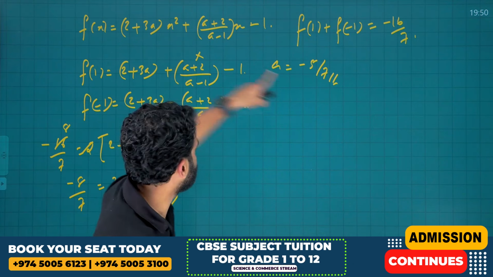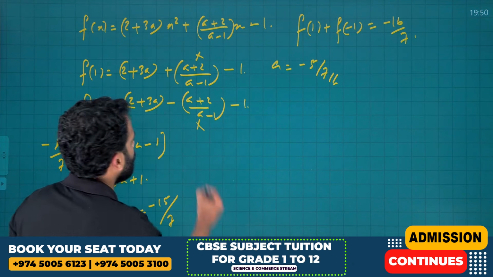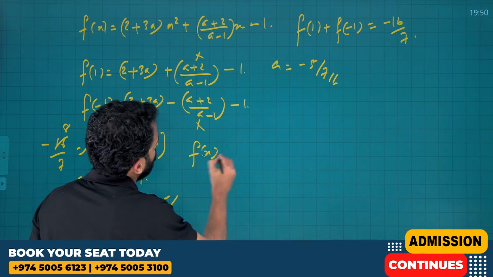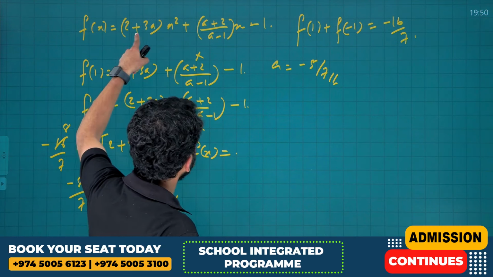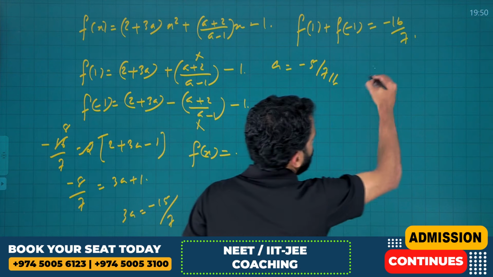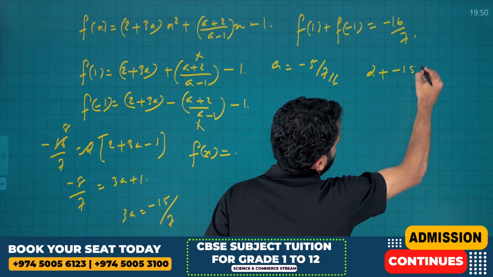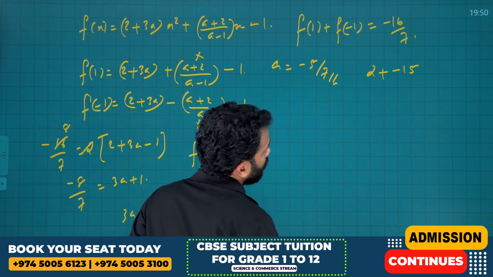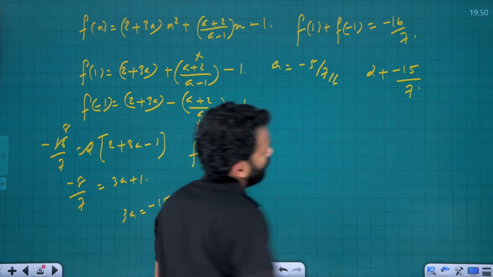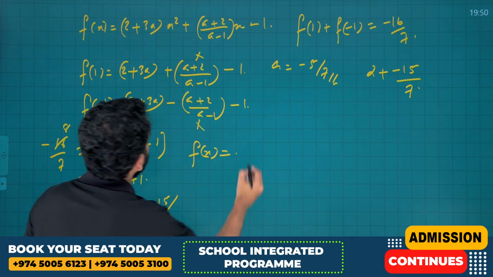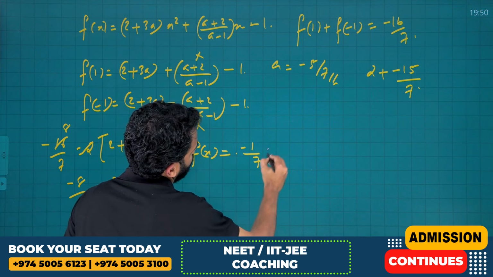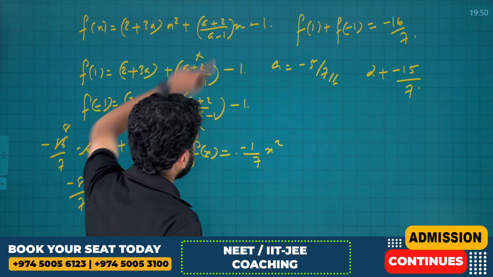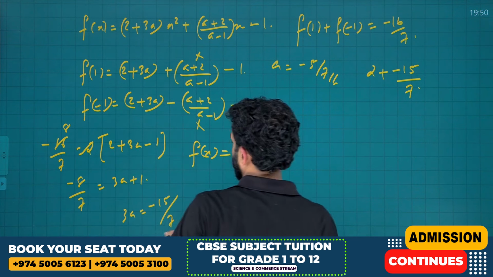Okay, therefore, if you substitute a is equal to minus 5 by 7, you will get f of x is equal to 2 plus minus 15 by 7, that is minus 1 by 7, into x square, and (a plus 2) by (a minus 1), that is, a is what?